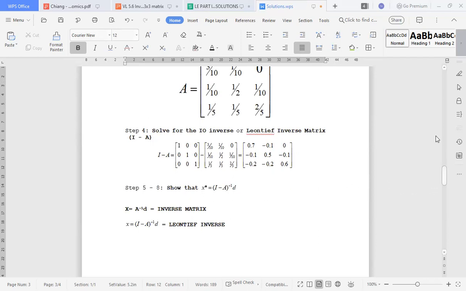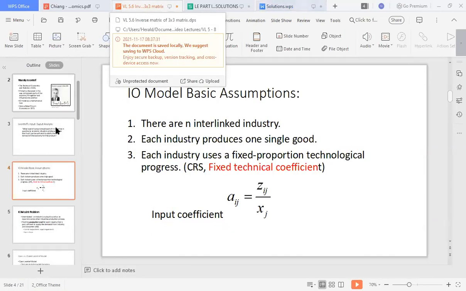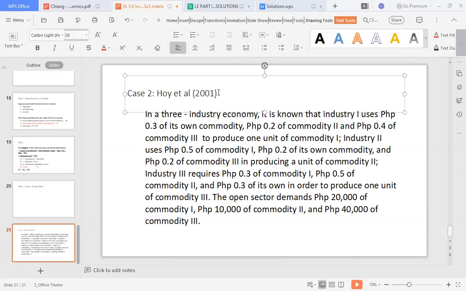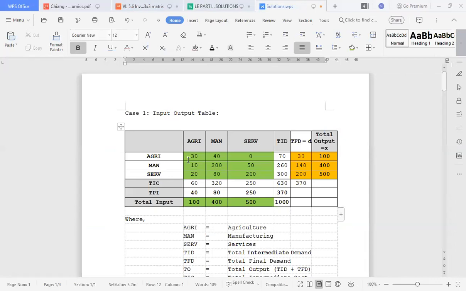Now, what else? Actually, class, I started off in our first case with an input-output table. There are also instances where I'll be giving you a case like this. So this is case 2, and I might call this step 0 if we follow the same outline here.